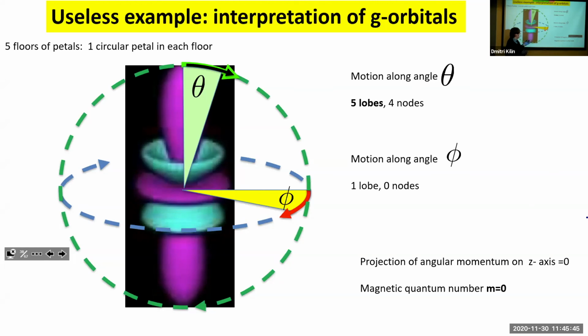So the interpretation is as follows. If by inspecting this function along a certain angle, we have a homogeneous picture, this purple doesn't change, it means there is no motion, there is no magnetic motion. You can say that the magnetic quantum number is zero.